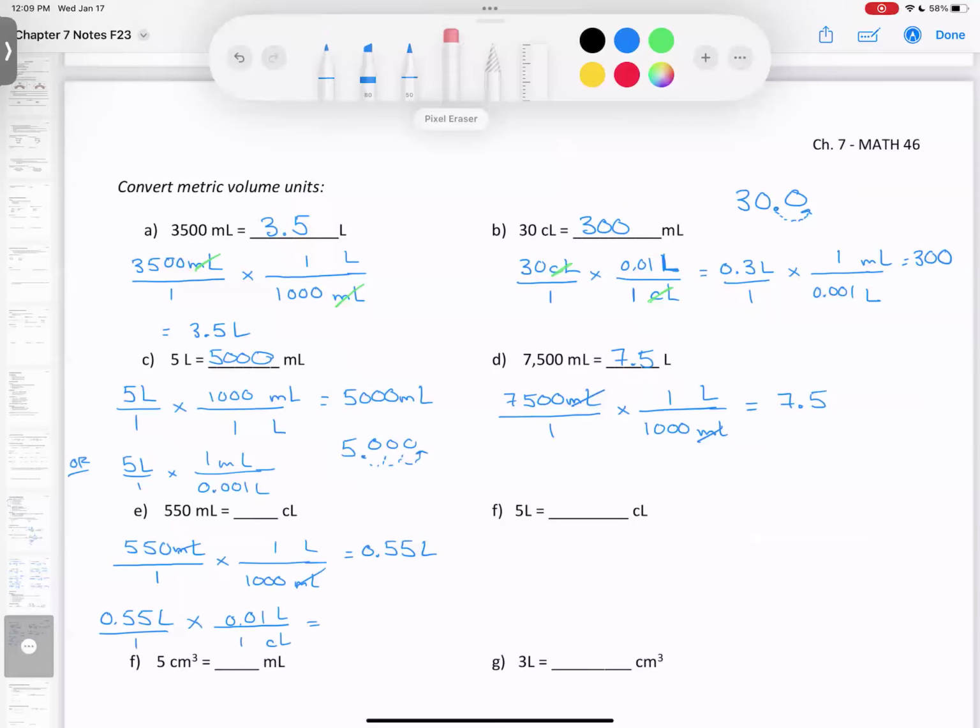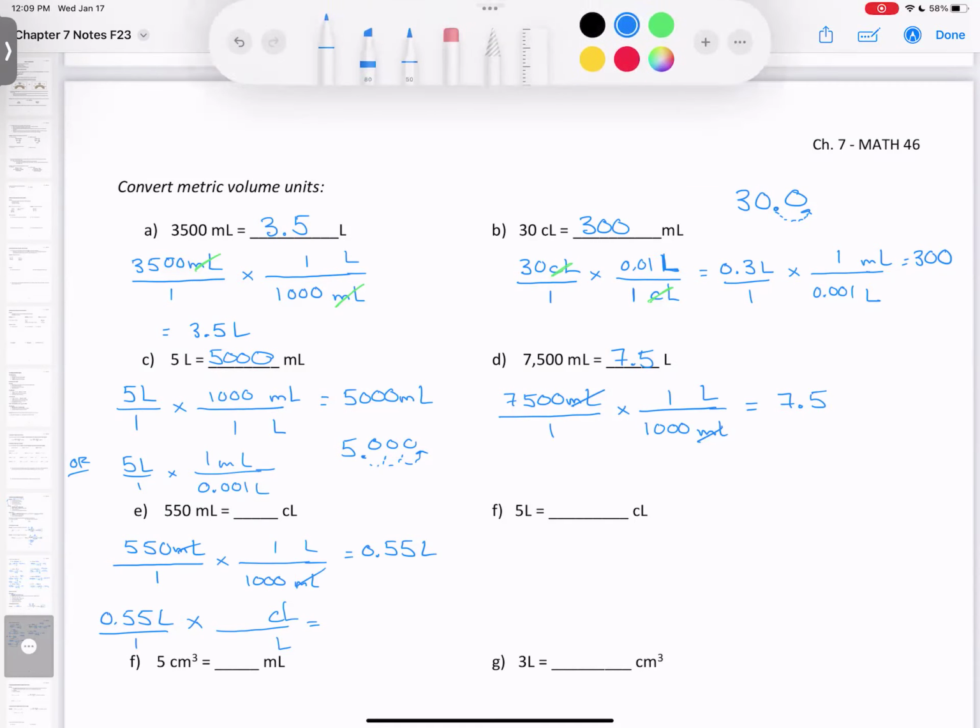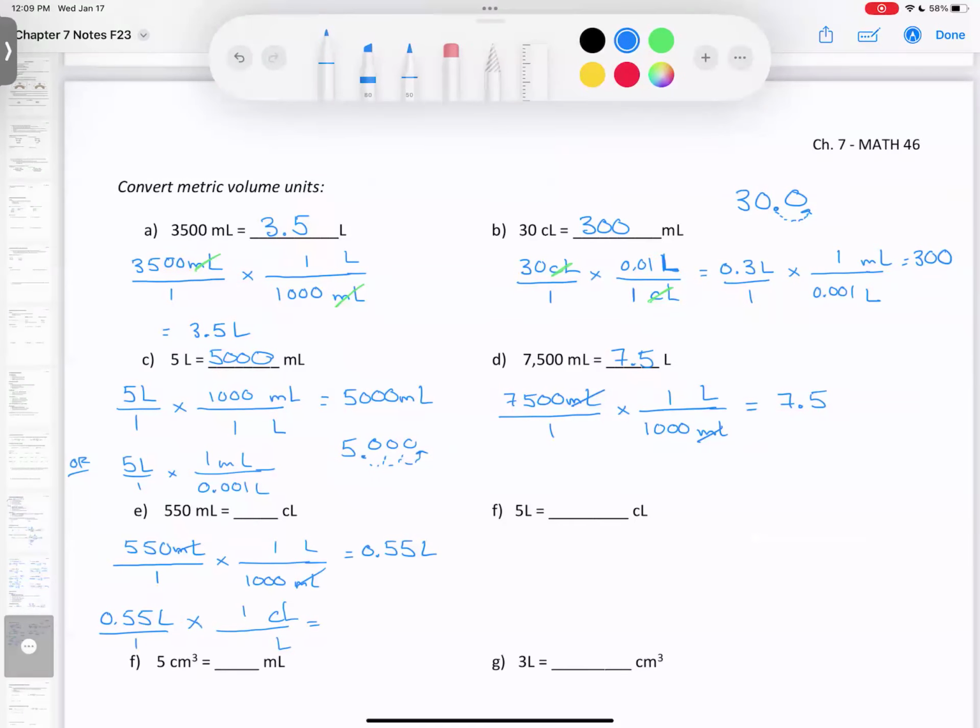I have liters on the top and on the top. So let's redo that. We want our liters to cancel here. So liters is on the bottom, centiliters is on the top. And so we have 1 centiliter for every 0.01 liter. Now our liters can cancel. And we have 0.55 divided by 0.01. And that will give you 55 centiliters.